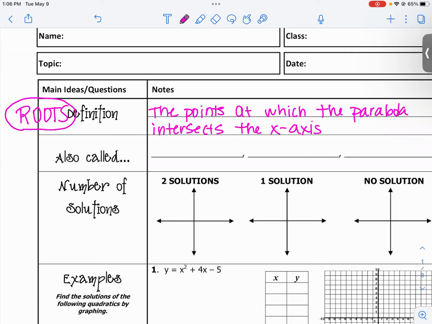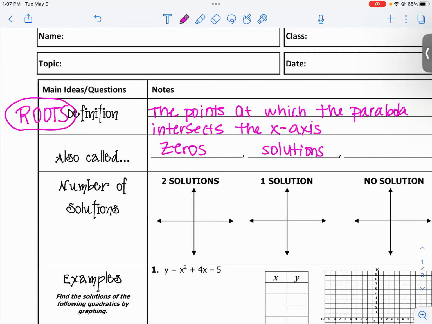So if you see the instruction to find the roots, however you want to say it, that means find where your parabola crosses the x-axis. These are also called zeros. Find the zeros. These are also called solutions.